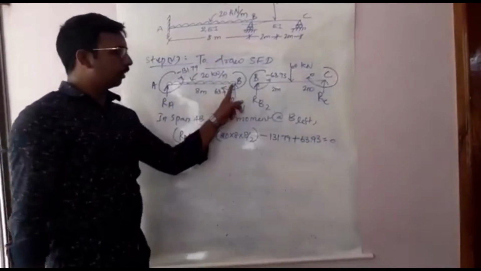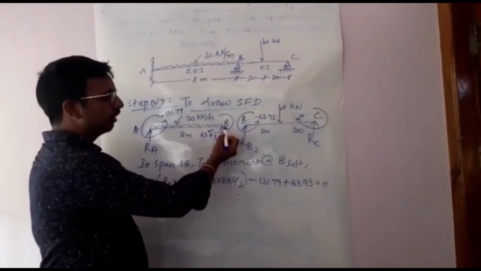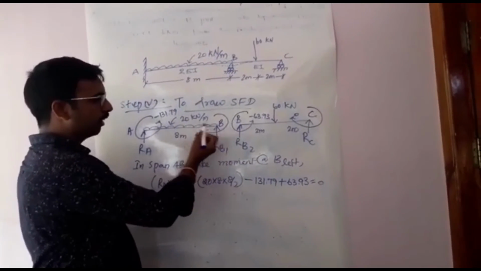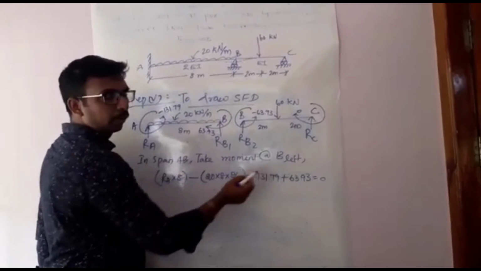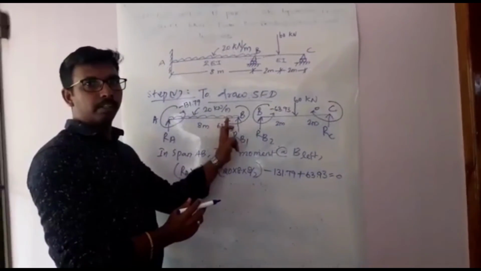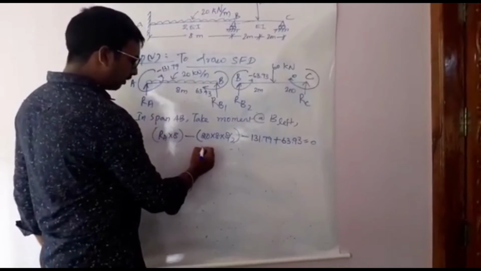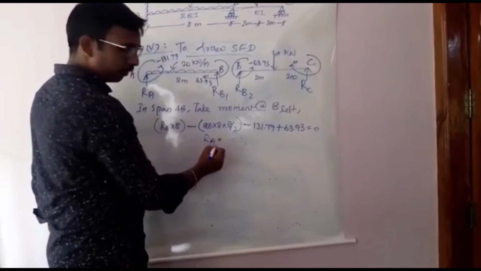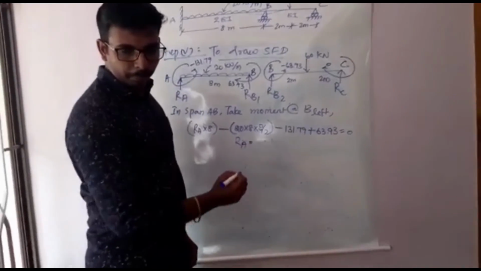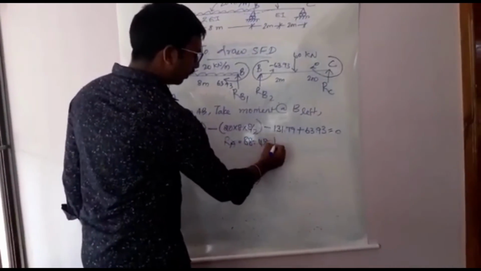Why are you putting equal to 0? The right side moment is 0, so the left side will also be equal to 0, because at a point the left side and right side moments will be equal. If you simplify this, you will get RA equal to 88.48 kilonewton.